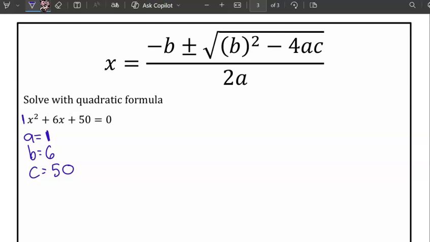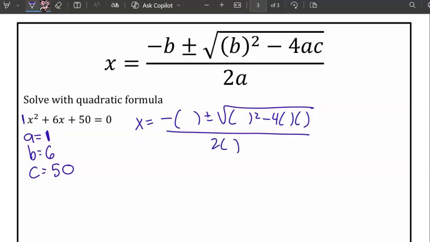Let's plug these into the formula. All right, we have b, so it's negative 6 plus or minus 6 squared minus 4 times 1 times 50, all over 2 times 1. Let's simplify this. Negative 6 plus or minus the square root of 36 minus 200, all over 2.